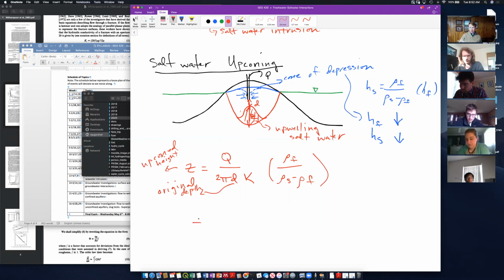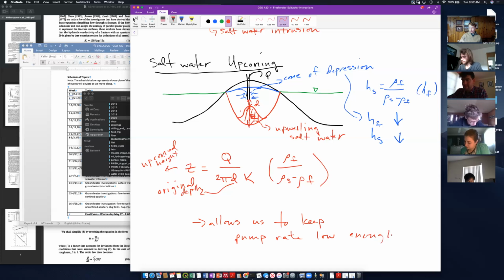All right, so this allows us to keep the pumping rate low enough so Z doesn't intersect our well height, or Z does not equal D.